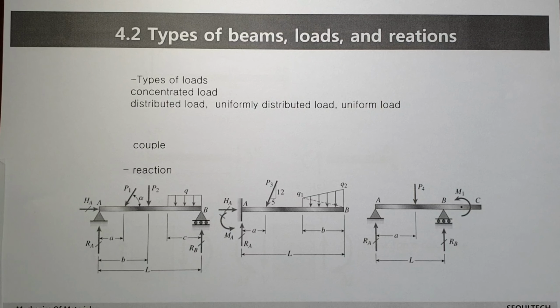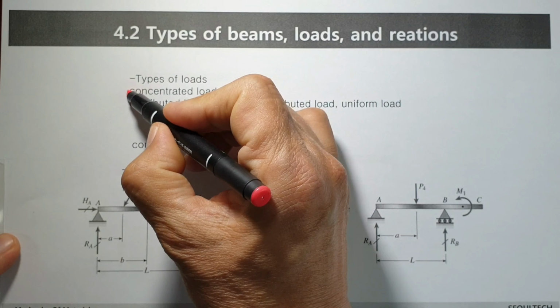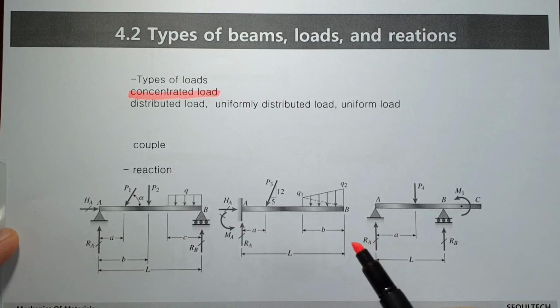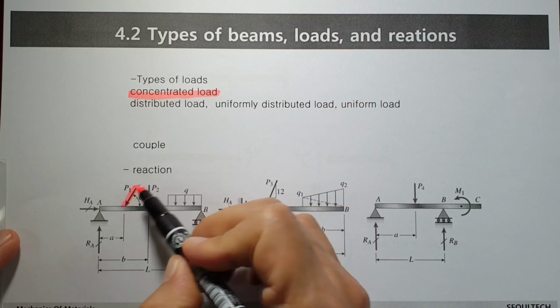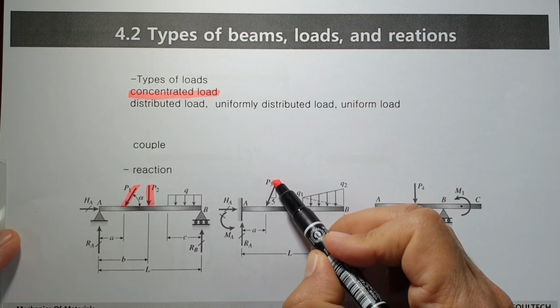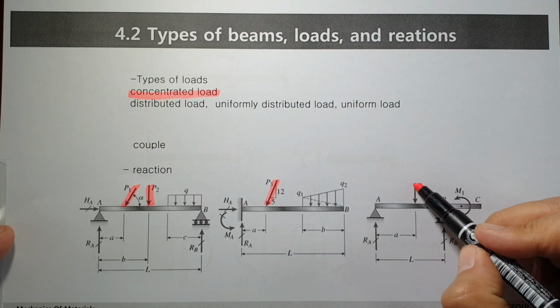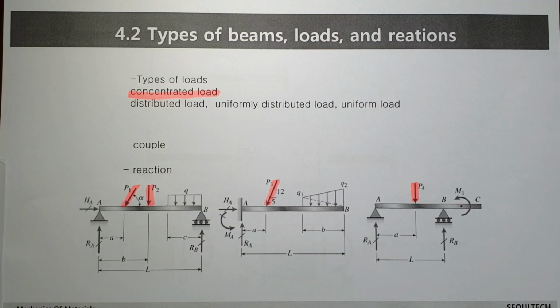Okay, now let's see types of beams, loads, and reactions further. At first, let's think about concentrated load. Normally, this type of load is concentrated load: external forces acting at a certain point.